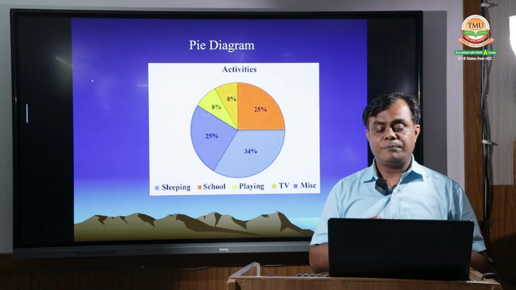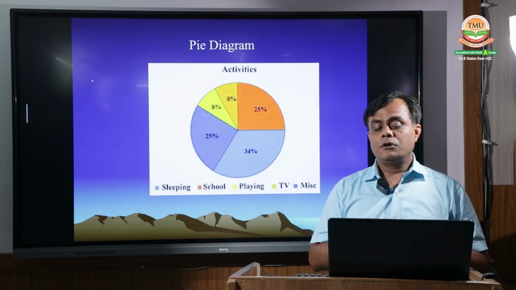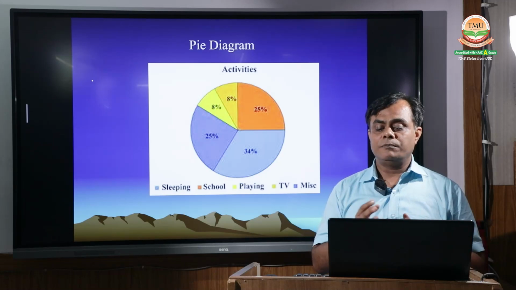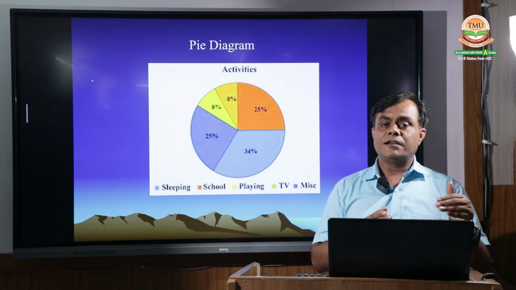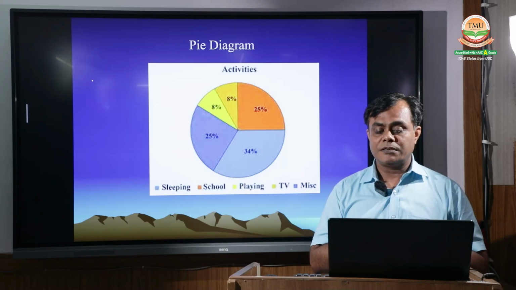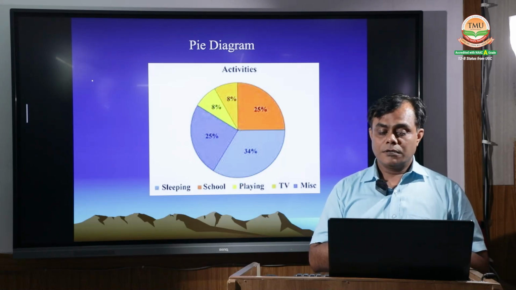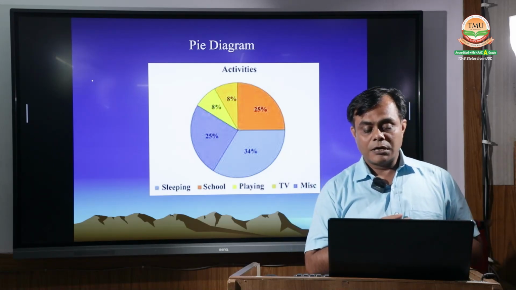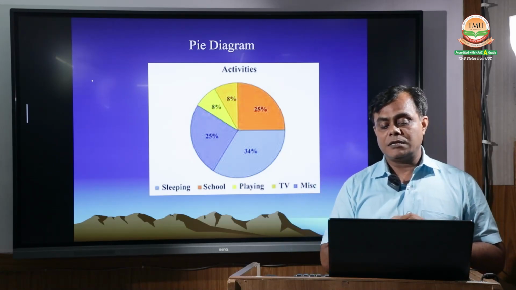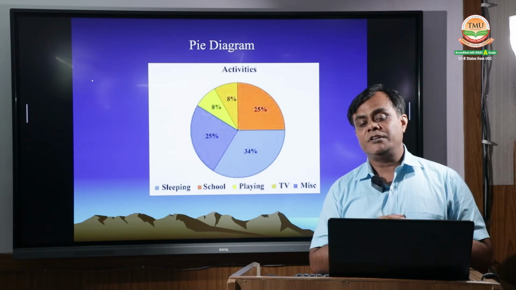In those 5 parts, you can see that the highest part is the miscellaneous activity. After that, the second highest part goes to the sleeping activity, the third highest part is the school activity, and the fourth and fifth highest parts are the playing and watching TV activities.